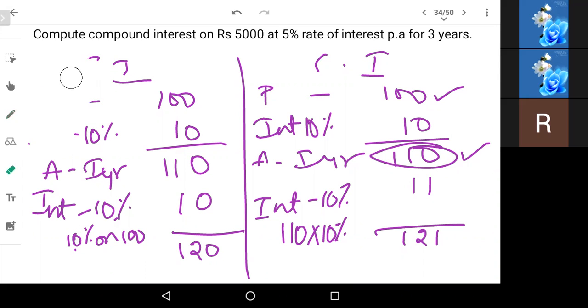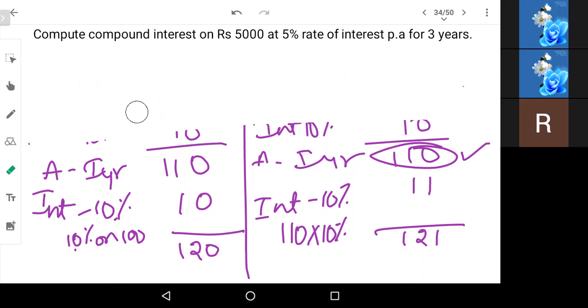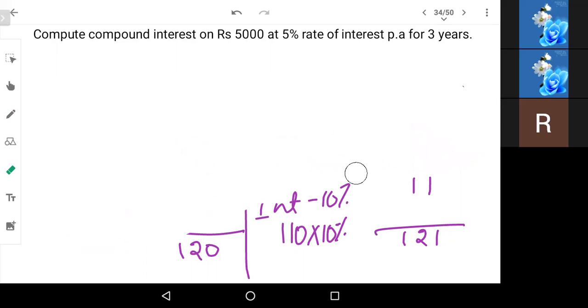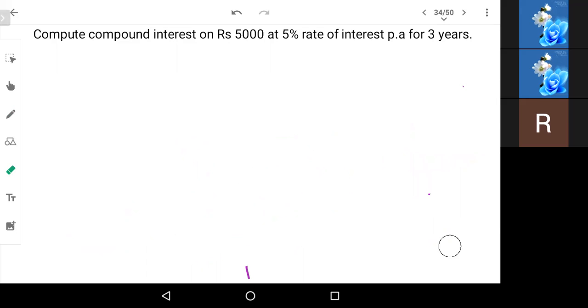And for compound interest, we have the formula where we will be using the formula to calculate the problems directly. Okay.